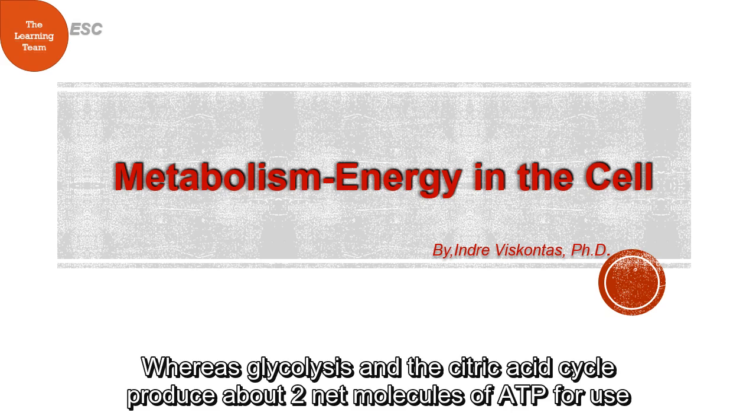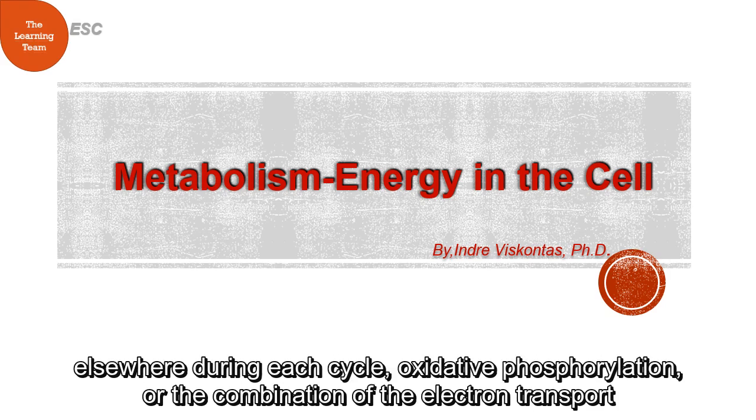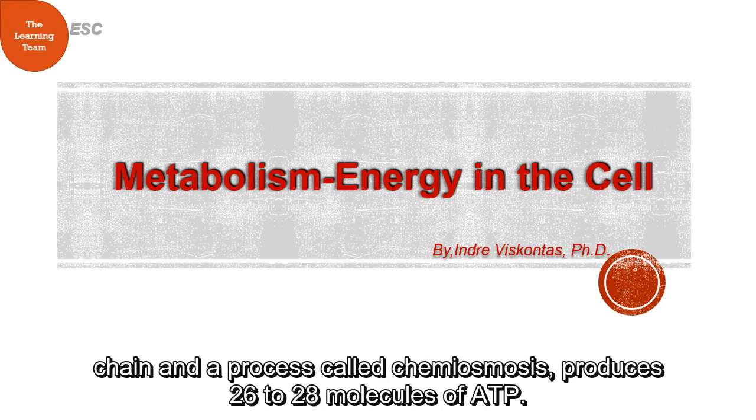Whereas glycolysis and the citric acid cycle produce about 2 net molecules of ATP for use elsewhere during each cycle, oxidative phosphorylation, or the combination of the electron transport chain and a process called chemiosmosis, produces 26 to 28 molecules of ATP.